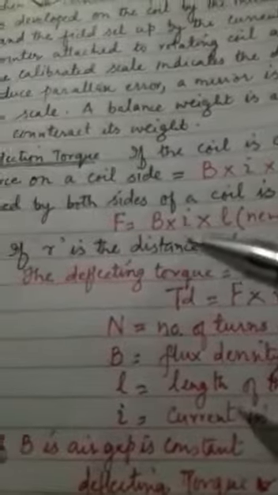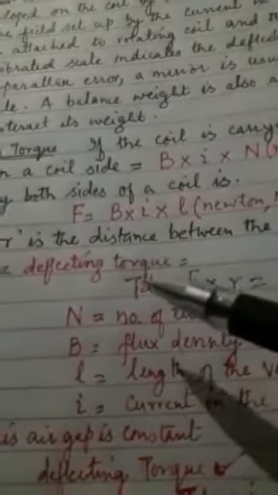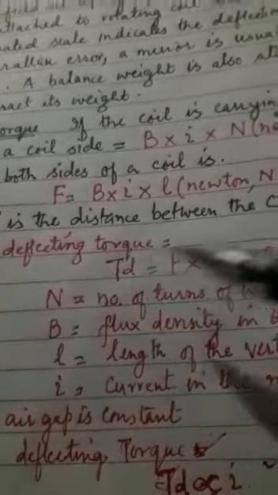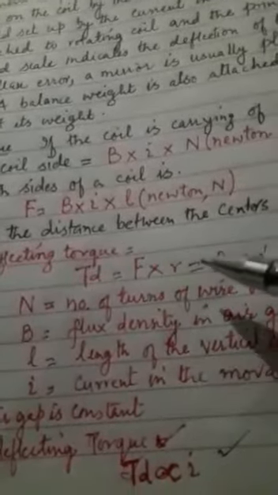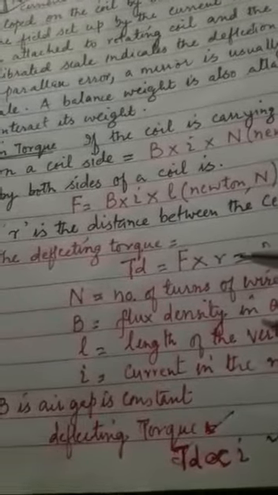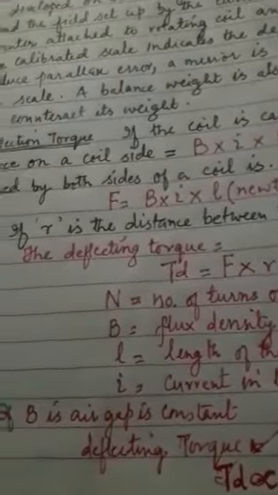Now let me tell you, TD represents the deflecting torque. Deflecting torque is equal to F into R. What is F? F is the force. What is R?